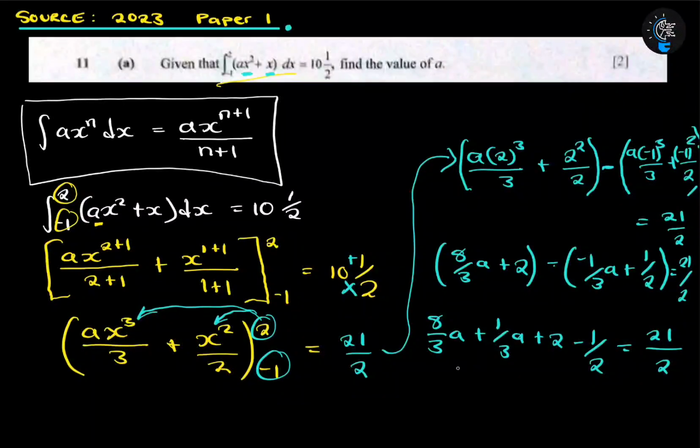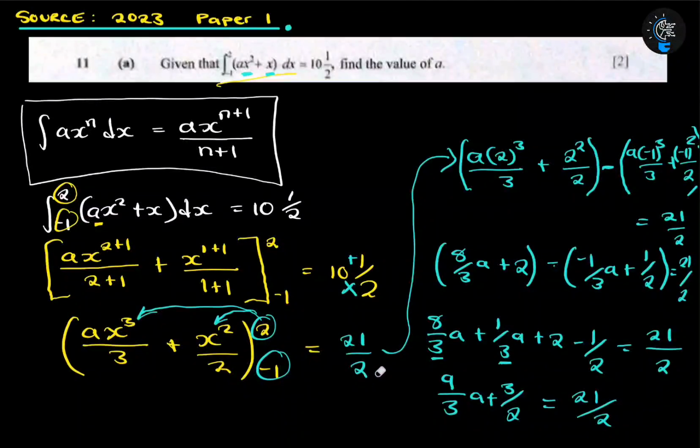Since the denominators are the same, we can directly add the numerators. So 8 plus 1 is 9 divided by 3 a. Then on this side, we have 2, which is the same as 4 over 2, minus 1 over 2, and that will be 3 over 2. So it will be plus 3 over 2, which will be equal to 21 over 2.